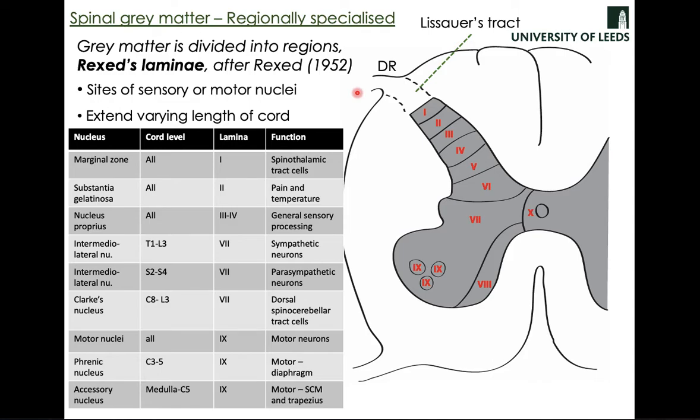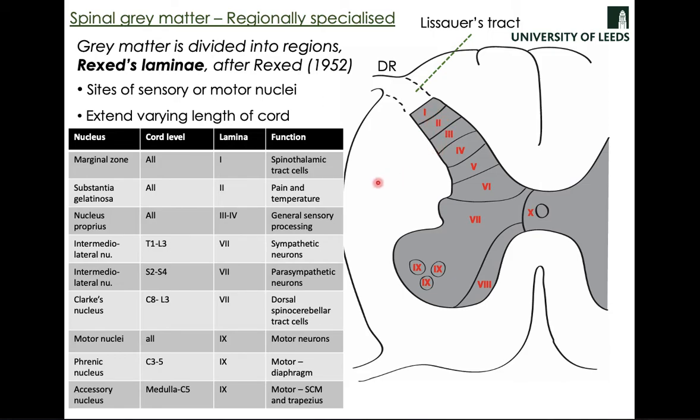And so we know that the dorsal horn is important for sensory connections, as I mentioned earlier. So depending on which sensory modality those fibers are carrying, the synapses are going to occur at different levels here.